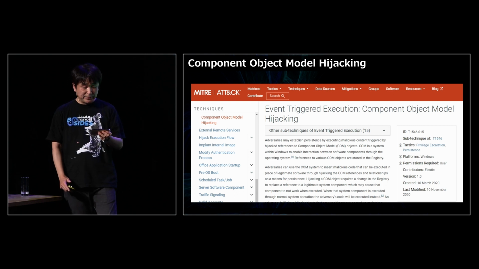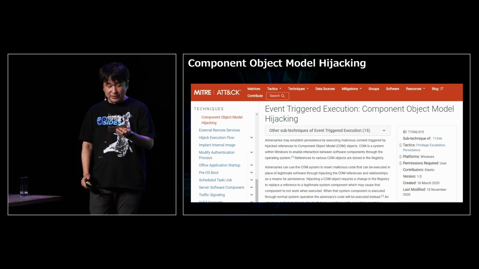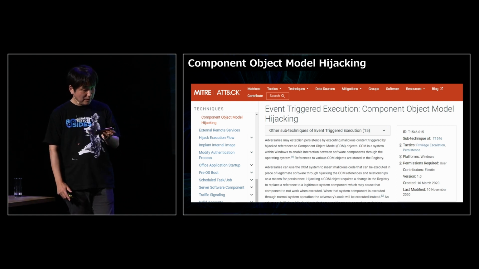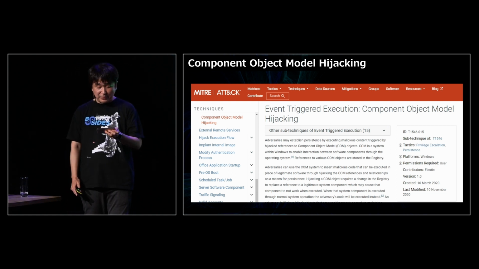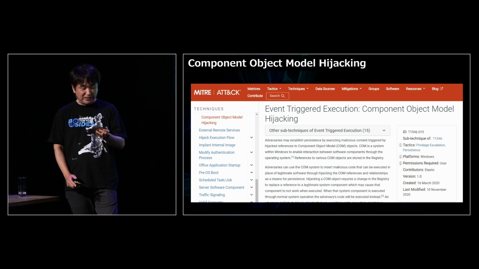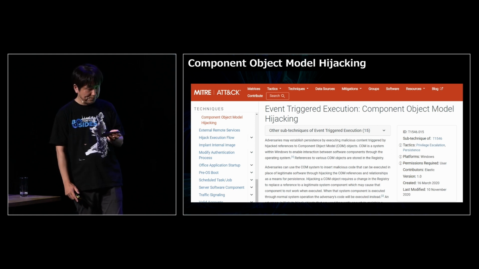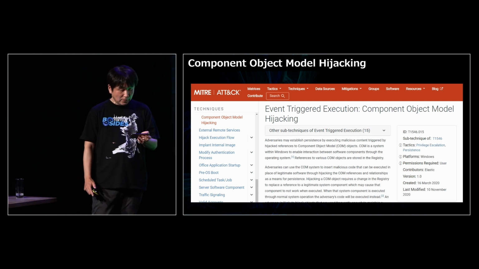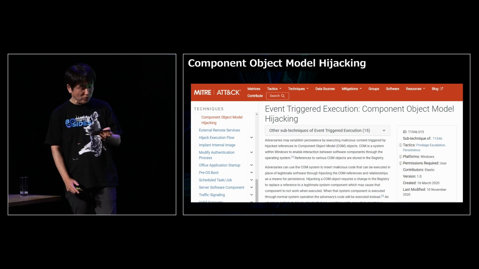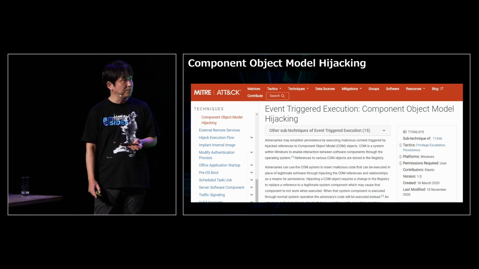Since COM objects are managed in the registry, it's possible to hijack them by editing the registry to reference a malicious payload instead of the legitimate COM object. All that remains is to find the target COM object in the registry.